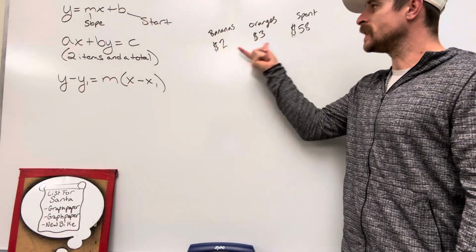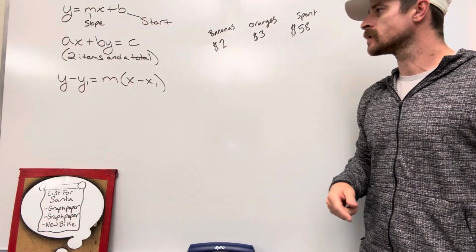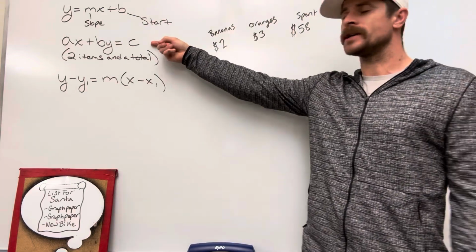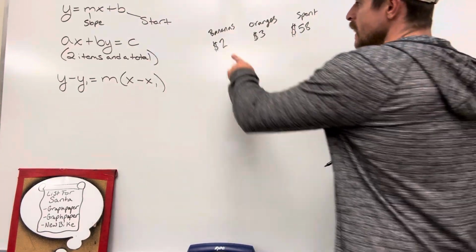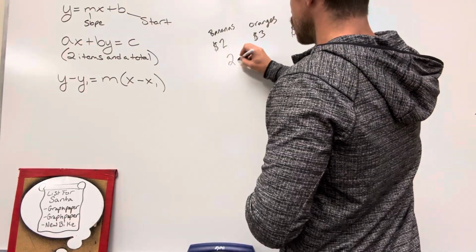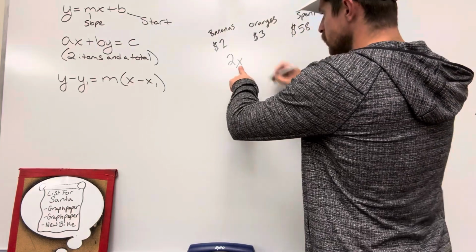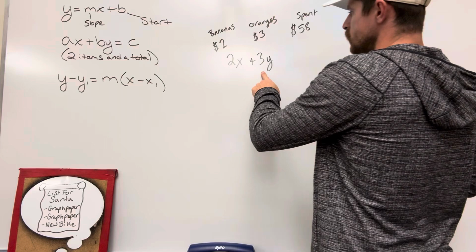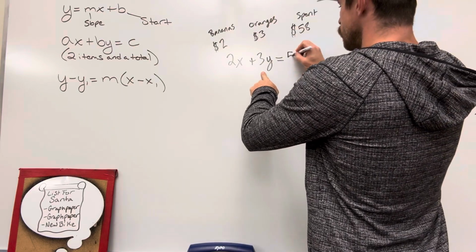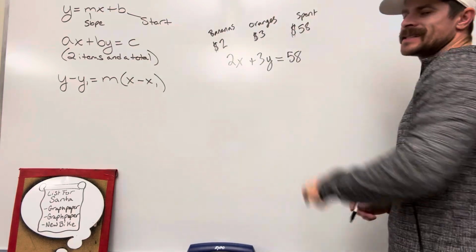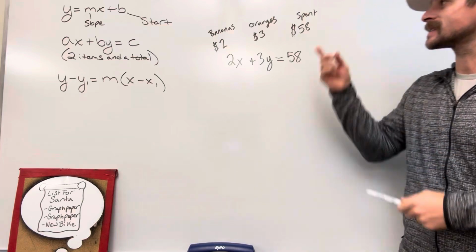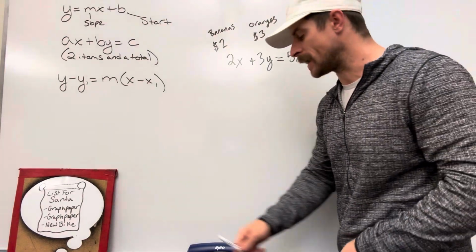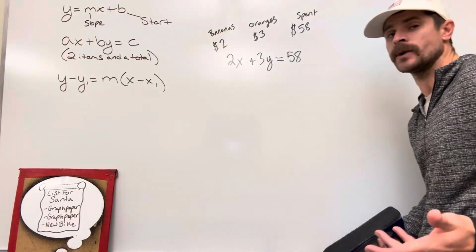We've got two different items, bananas and oranges. So what we would do is we would set up an equation in standard form for this. We would say every banana is $2. So 2 times however many bananas we're purchasing plus $3 for every pound of oranges that we're purchasing is a total of $58. We've now got a standard form equation representing this scenario of going to the store and buying bananas and oranges at different price points.